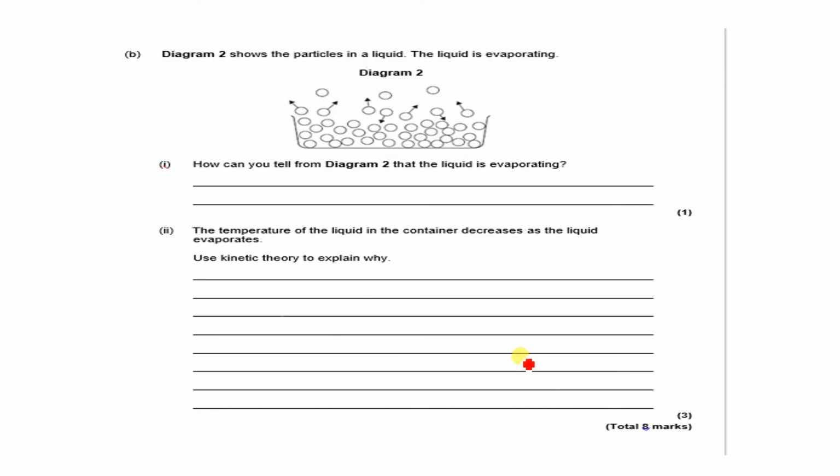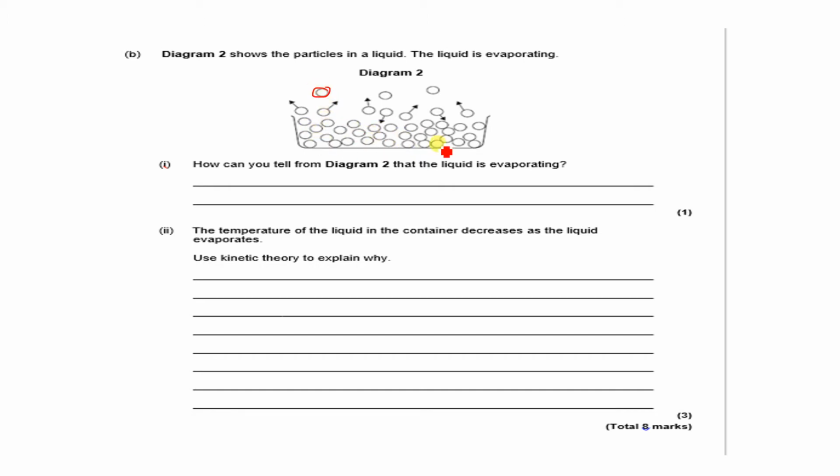Okay, this question is not specifically on the specification, but it's important you recognize what's going on because it's about energy and it's a type of question they could ask you to test your understanding. So how can you tell from the diagram 2 that the liquid is evaporating? Well, you can clearly see particles that are escaping the liquid.